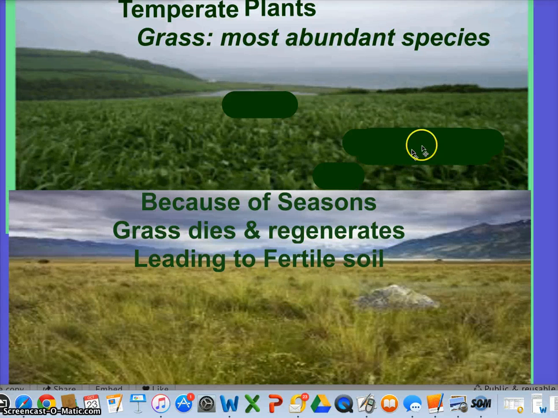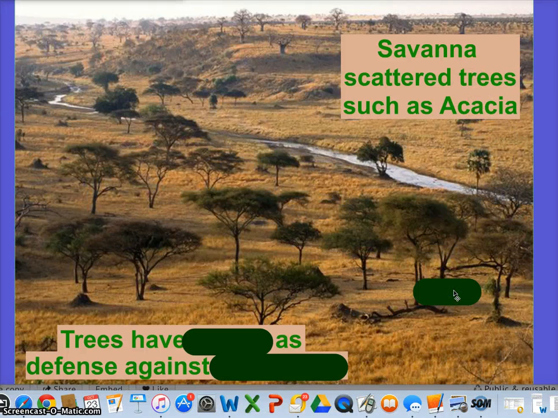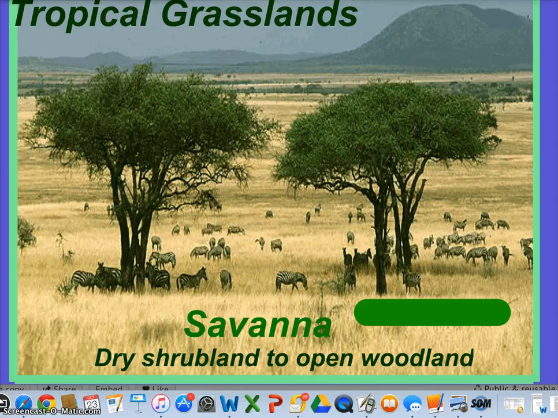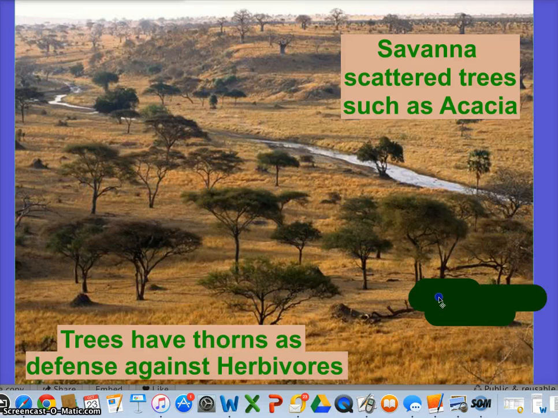So that's how you get that fertile crop growing. And in the savanna, you've got the scattered tree. That's what I was showing you here in a better picture, close up. The trees, in order to survive or adapt to the herbivores, have thorns, and it's their biggest defense.